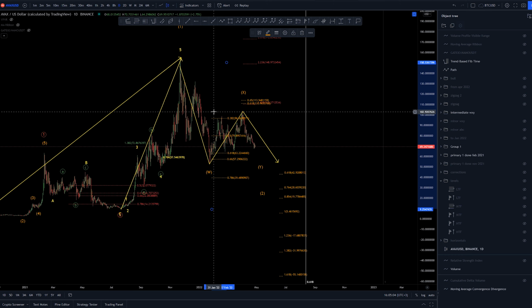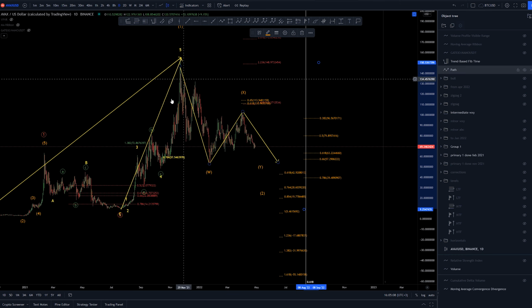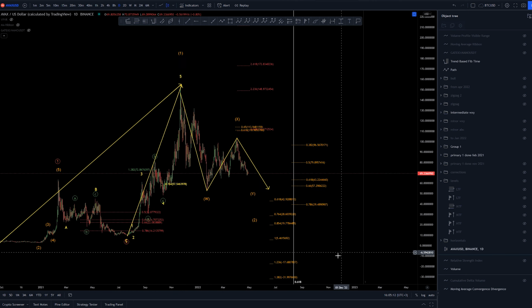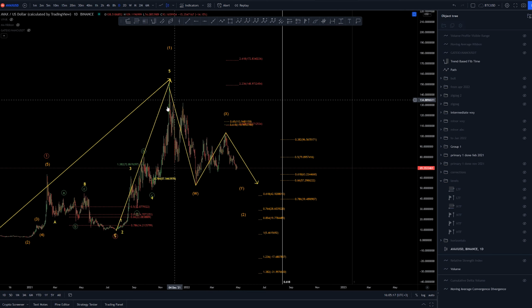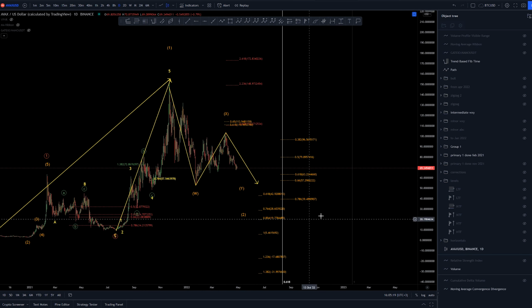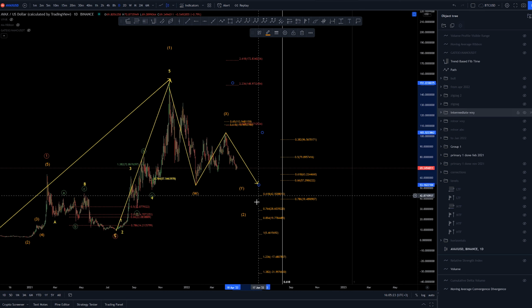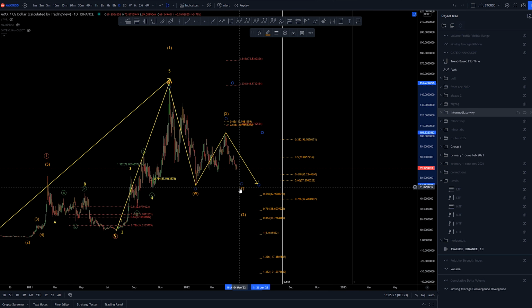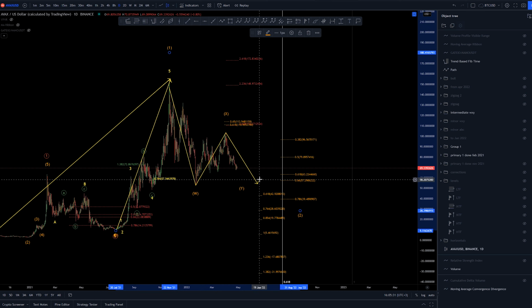Yeah, and these are actually the targets for the wave 2 here, and this actually should be all downgraded one level if this is the case. So that's why I was confused, because of the colors. Okay, so again, this orange box, or these targets, are for this WXY, and this on the right is actually for the wave 2.